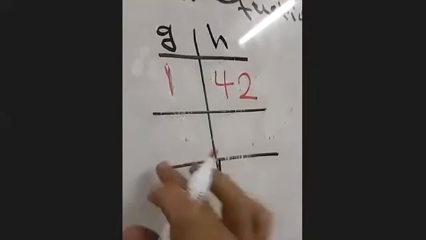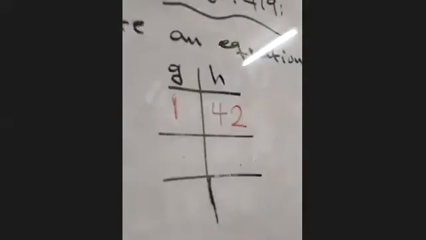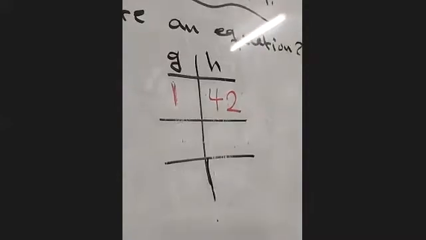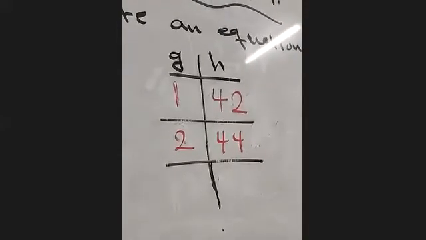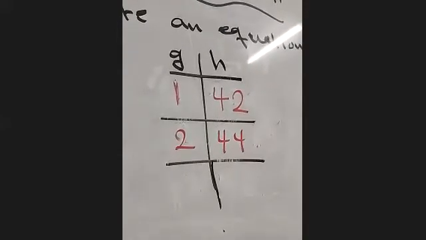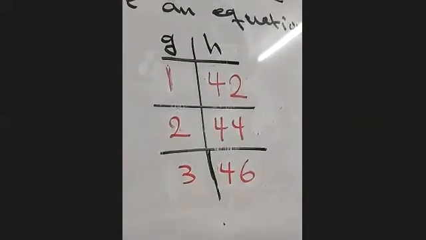Now the second point, what do we have from the graph? 2 and 44. Excellent. The third one. 3 and 46. Got it?